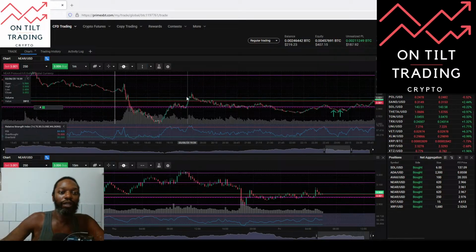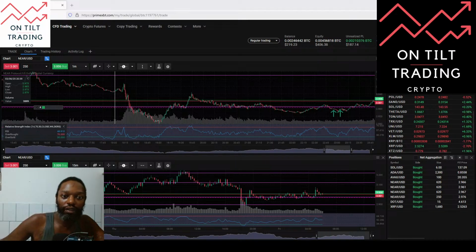So right here this white line designates the open of the crypto market. So we opened up, and we can see a lot of volume here at the open, and sellers moving the price below this level. What is this? S4, I believe it is.